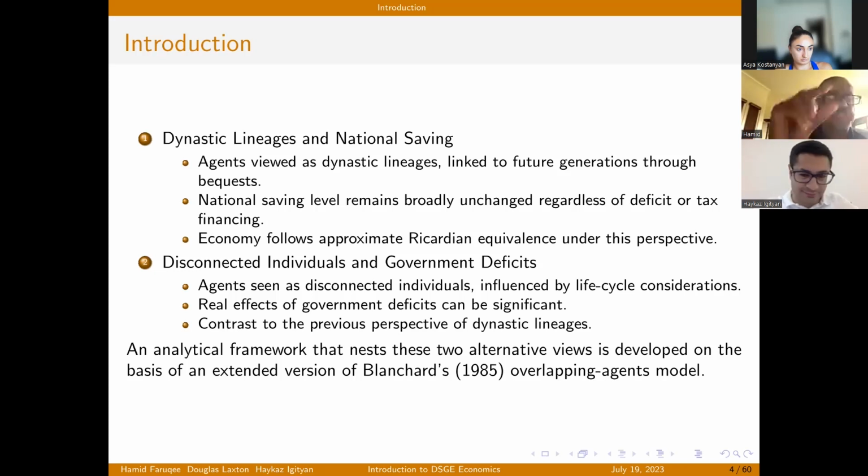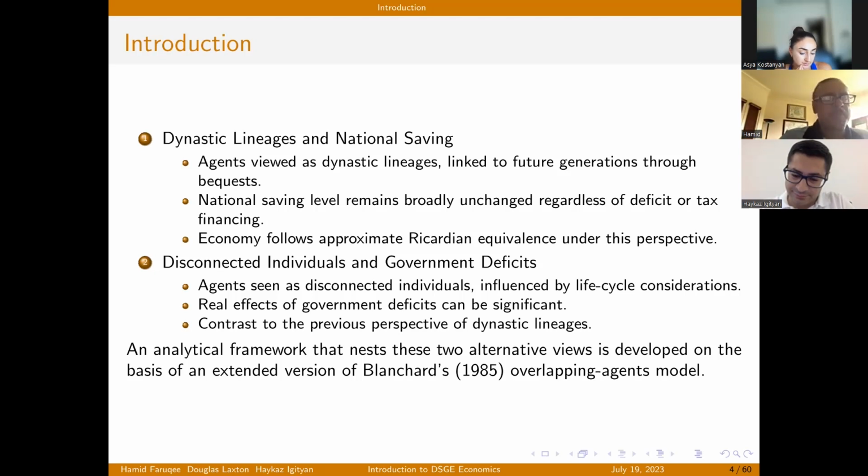And we'll talk more about this later when we see the model results: in the model with overlapping dynasties, these Barro dynasties, national saving doesn't change very much when you have tax financing or debt financing.